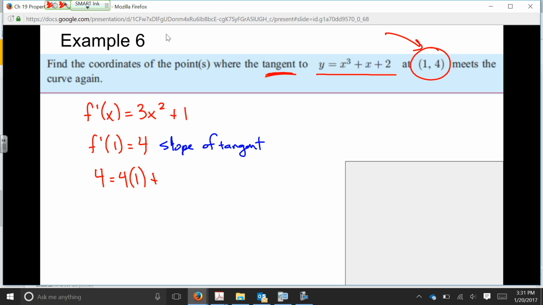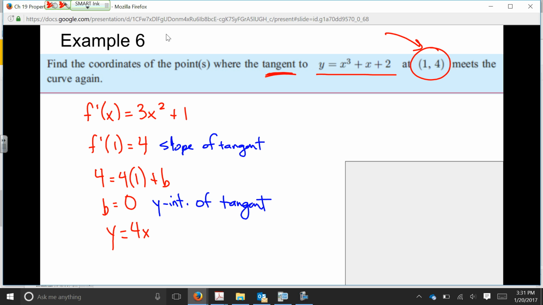And I'm going to say plus b, and b ends up being 0. So now I have my y-intercept of the tangent. So I have the equation of y equals 4x. I could say plus 0, but I don't even need to say the plus 0 part there.